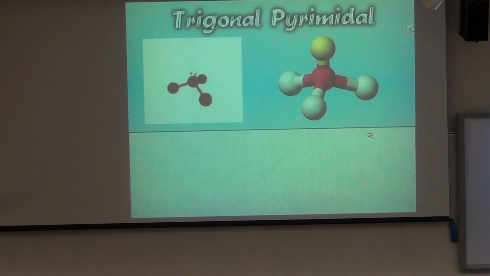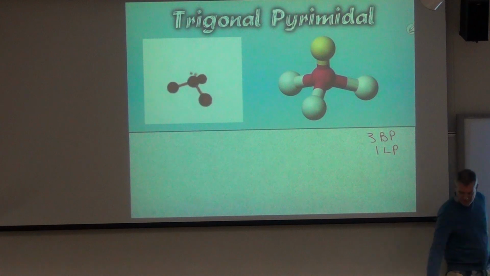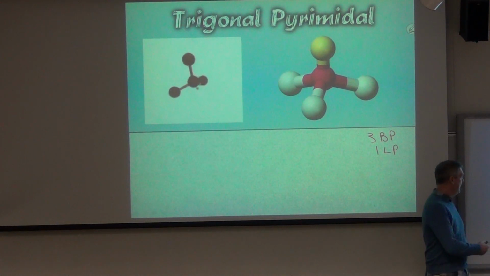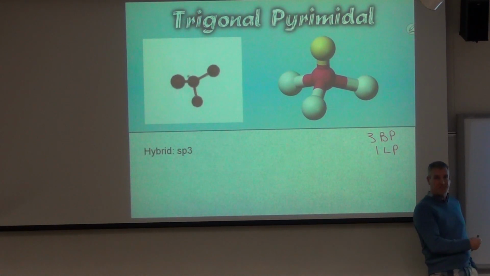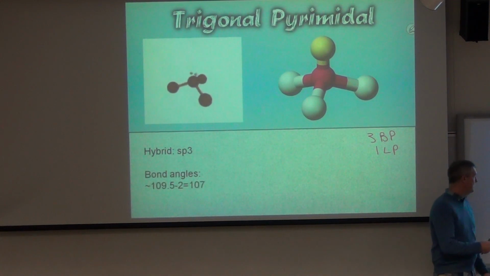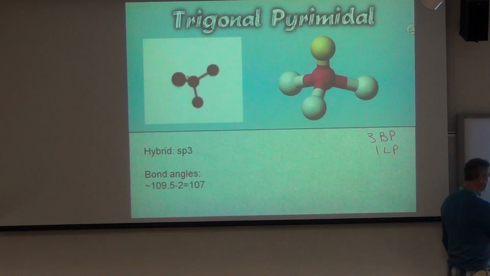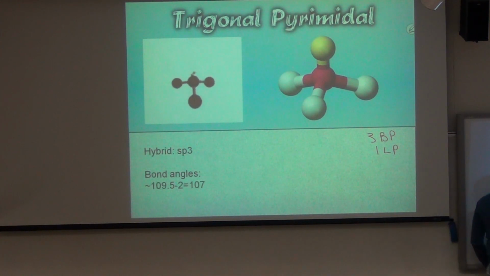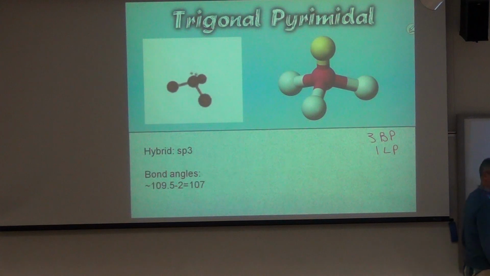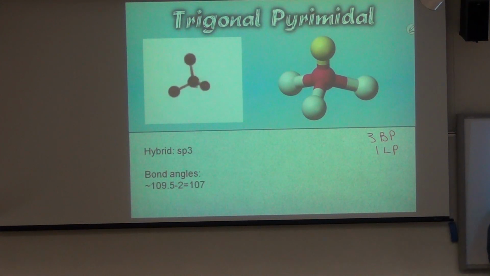So for this guy, we got 3 bonding pairs, 1 lone pair. Hybrid is going to be the same. It's still sp3. Hybrid remains the same within a given steric number. And the bond angles, as I said, are going to be just a little bit less because of the extra repulsion of that lone pair.